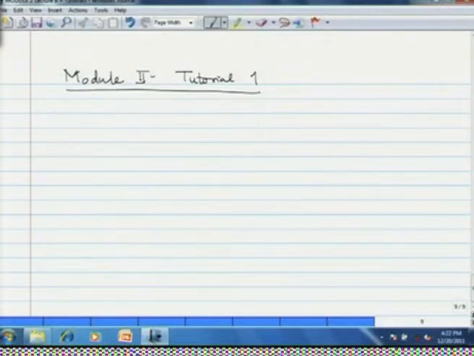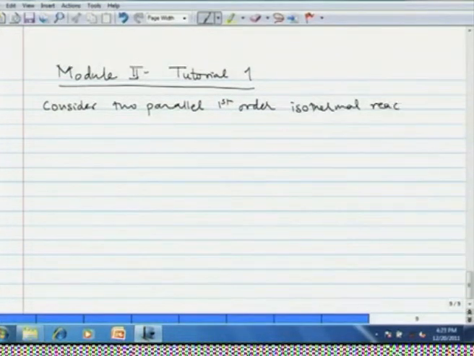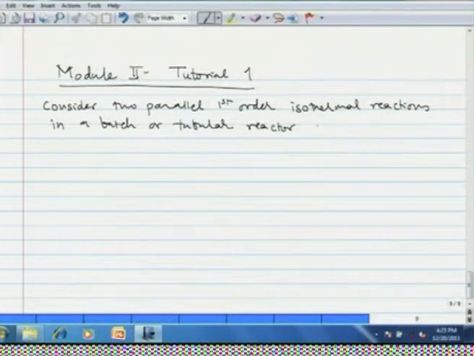Consider 2 parallel first order isothermal reactions in a batch or a tubular reactor. And we assume that the reactant that is fed is pure.